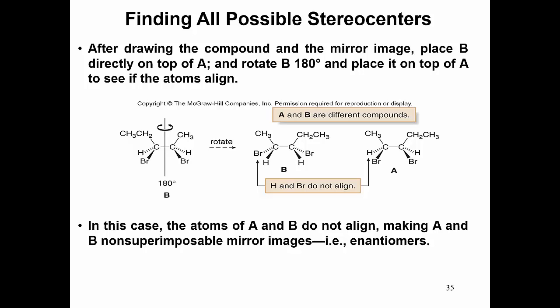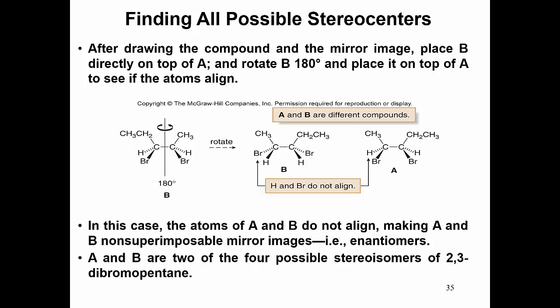Because this particular pair of diastereomers are non-superimposable mirror images, this pair of diastereomers are enantiomers because they actually are mirror images that don't superimpose. But again, not all diastereomers are going to be enantiomers.